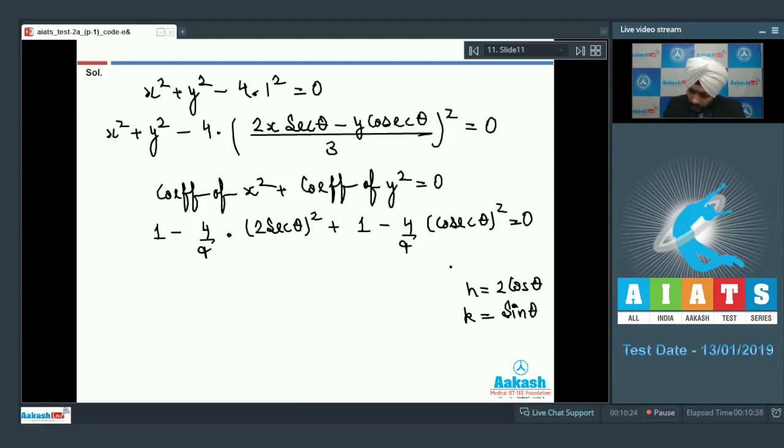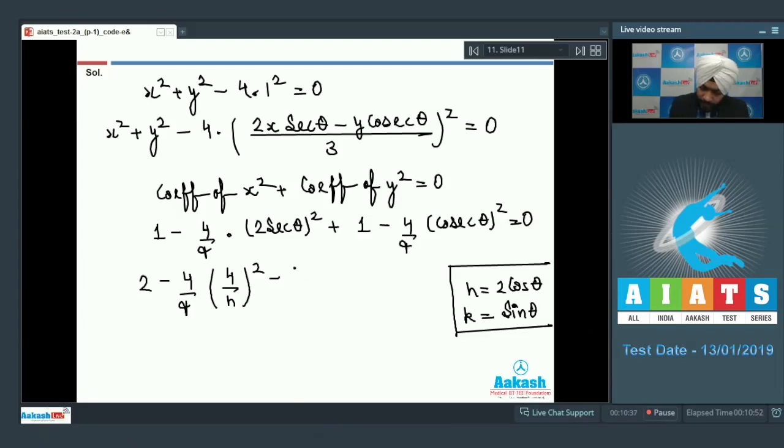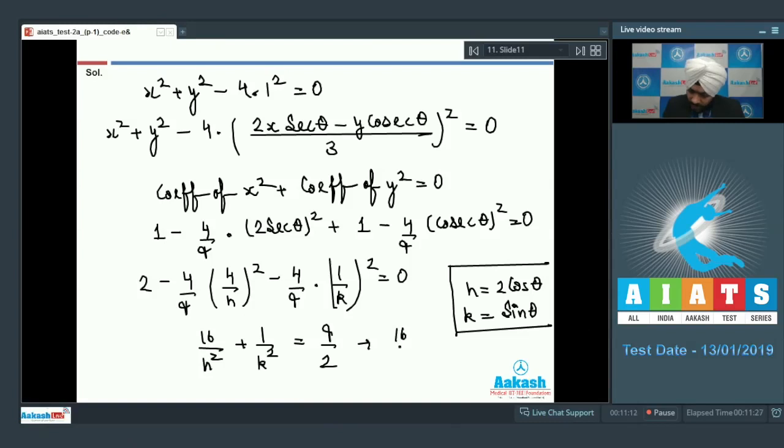Okay. So substituting h and k in this equation, cos theta is h by 2, so secant theta is 2 by h. So I'll get 2 minus 4 by 9 (4 by h) whole square minus 4 by 9 into (1 by k) whole square equals 0, which gives me 16 by h square plus 1 by k square is equal to 9 by 2, which will give me 16 by 9x square plus 1 by 9y square equals 1 by 2.